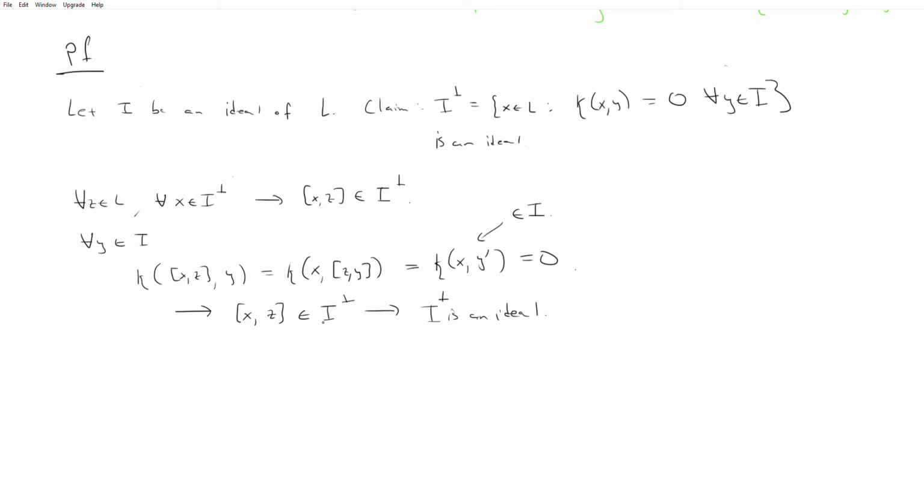The next thing, since we were trying to show that L is the direct sum of I and I perp, we want to show that the intersection between I and I perp is equal to 0.